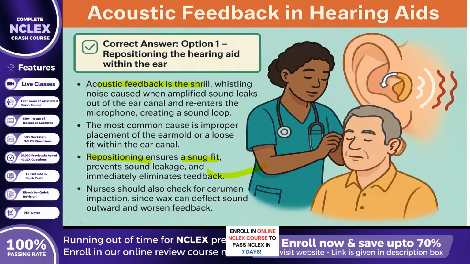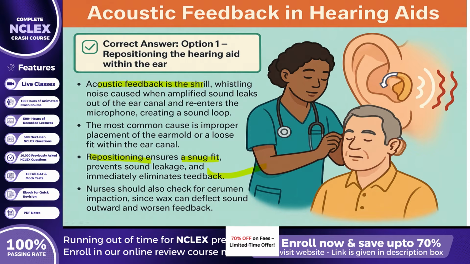Looking at the other choices, cleaning the hearing aid with a soft cloth, as in option 2, is indeed important for maintaining the device, but it does not resolve the actual acoustic loop that produces feedback. It removes debris, dirt, and earwax from the surface, but it does not stop the shrill sound. Option 3, replacing the battery, is also not the solution, because a weak battery causes reduced amplification or static, not feedback.